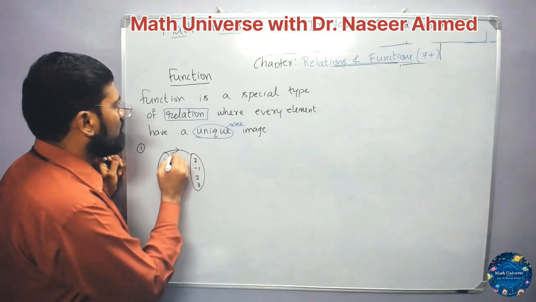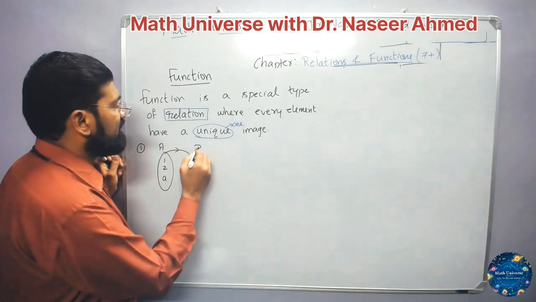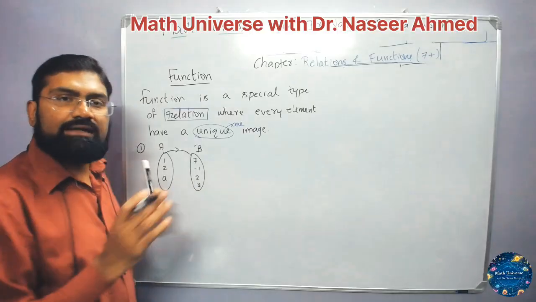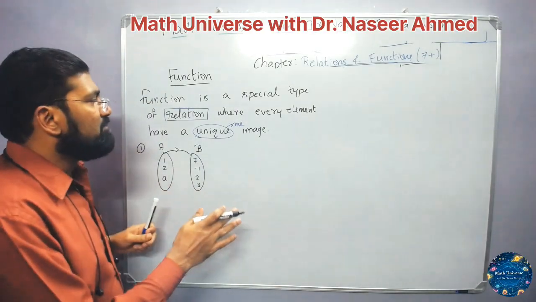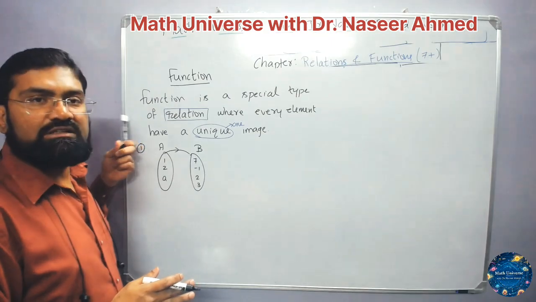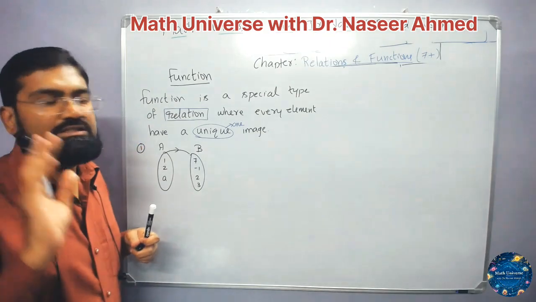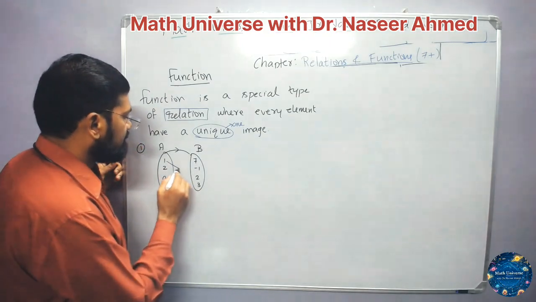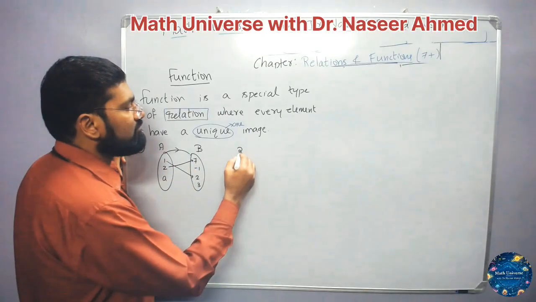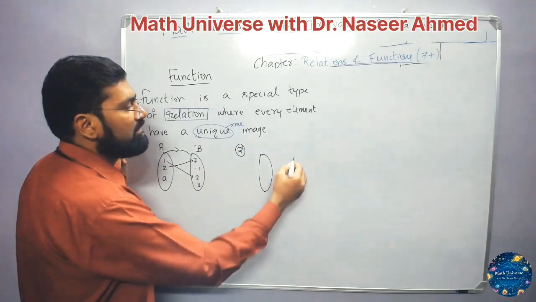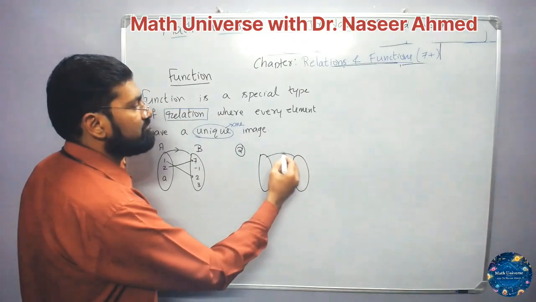Let us suppose this is the first set A and this is the second set B. I am going to give 3 examples. You have to tell among these 3 examples which example satisfies this definition, that every element should have one image. This is the first problem. Think till I complete all.